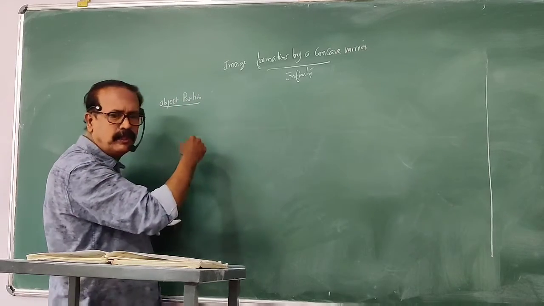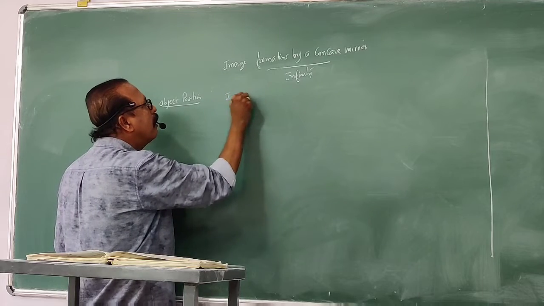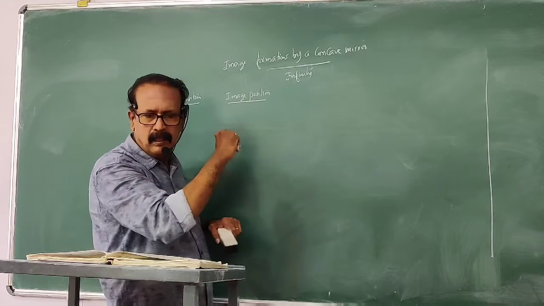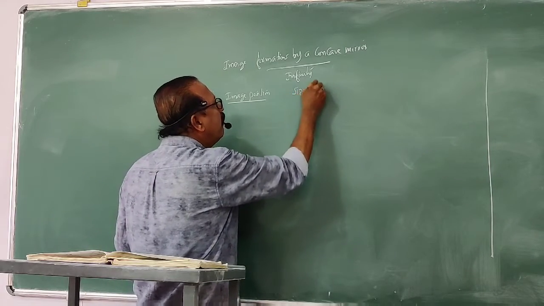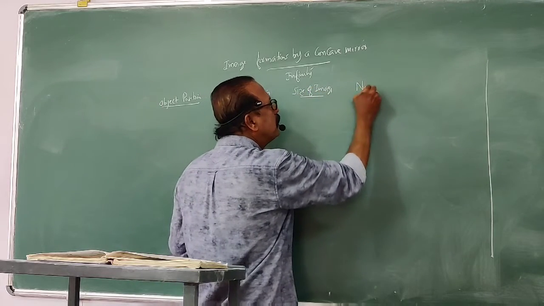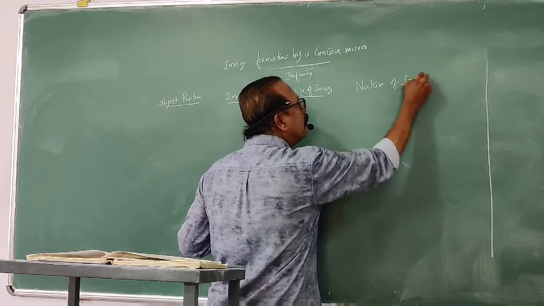Columns, you just go to the textbook. Image position. Then size of image. Nature of image.